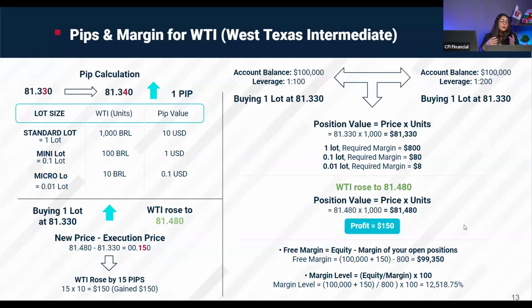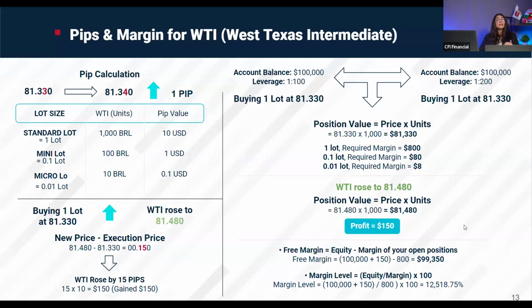So it's 100,000 plus 150. If you can see here, minus 800, margin of my open positions. So it is 800 because, like we said, since we're entering one standard lot, it's a fixed margin, so I need to have $800. So I'll have in my account $99,350 left in my account to do further trades.